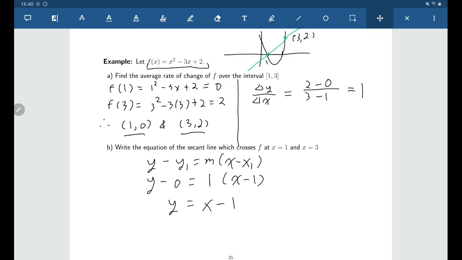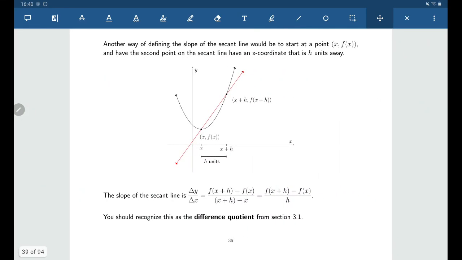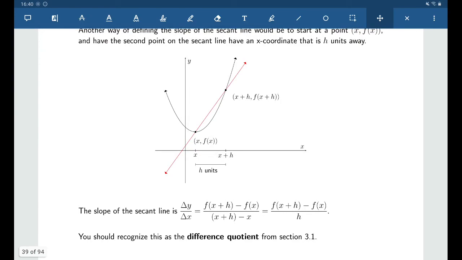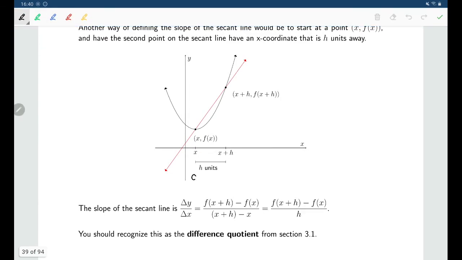Now, as I said before, this slope of a secant line is the same thing as the difference quotient. Rather than defining it as going from point A to point B when we talked about average rate of change, then for a difference quotient, we said, well, we'll start at point x and go h units over, which means we'll go from x to x plus h. But it's still measuring the same thing.